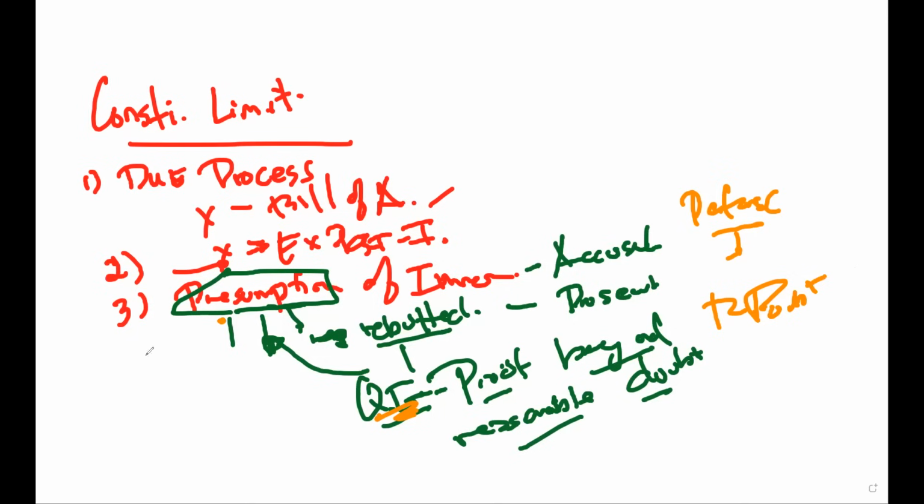So what else? Of course, other constitutional limitation, the right to a counsel, the right to confront the witness face-to-face or to conduct cross-exam. So kailangan yung ilalagay sa witness stand must have personal knowledge, and of course he can be cross-examined by the accused.